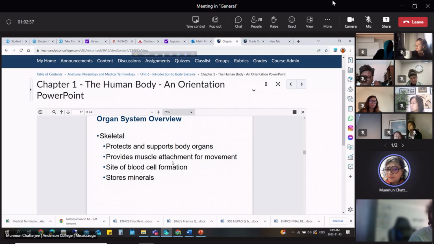So these are all support body structures, and these bones and supporting bone structures are attached to the different muscles. They have places that allow muscle attachment. Without muscle attachment, you cannot move.